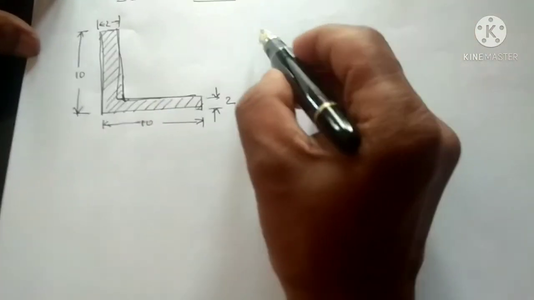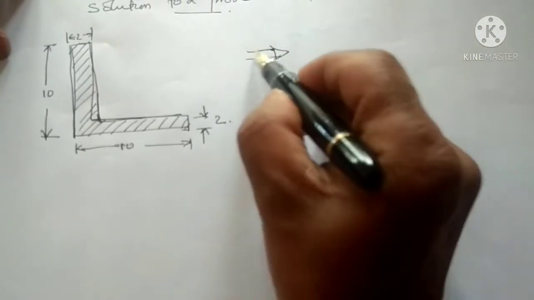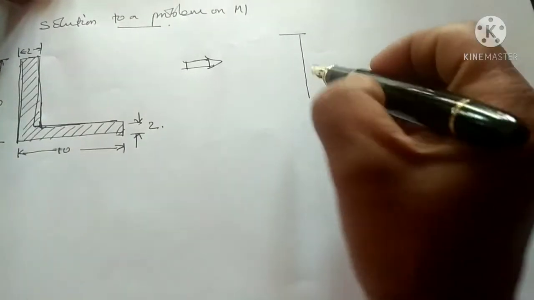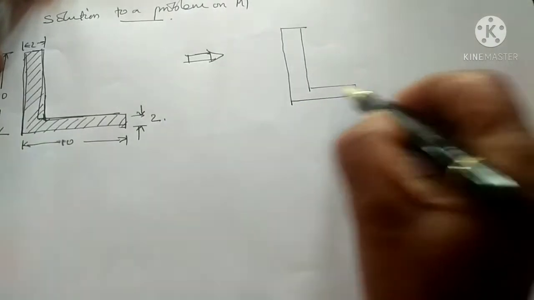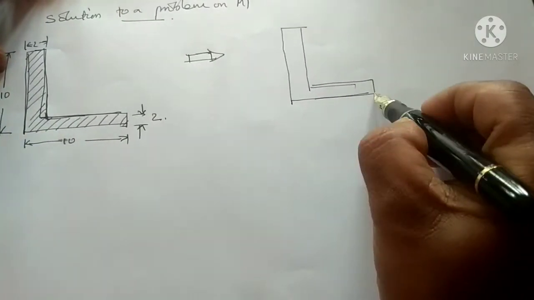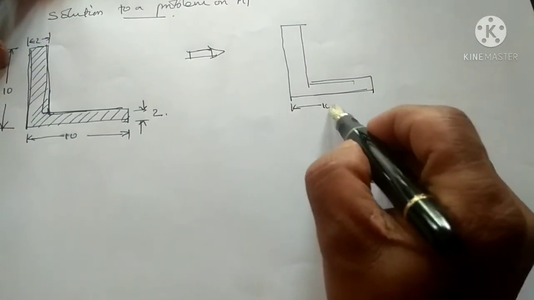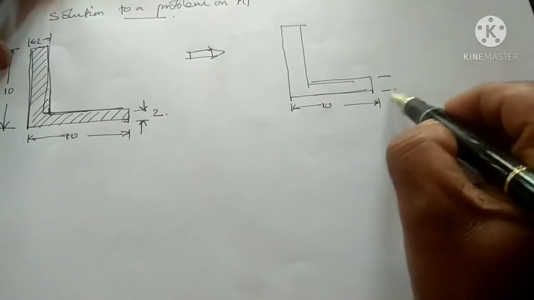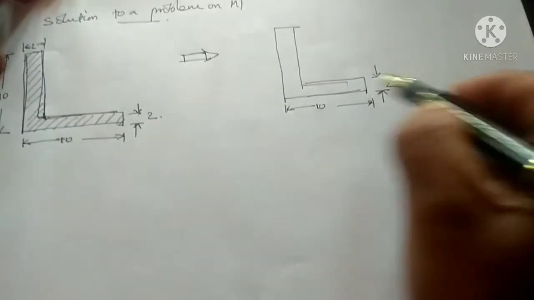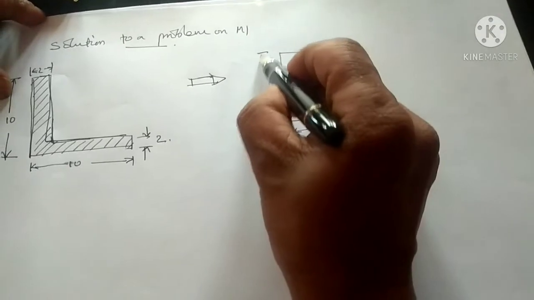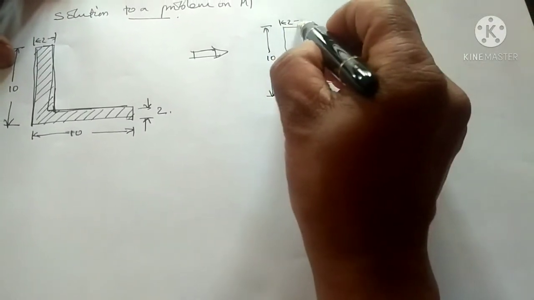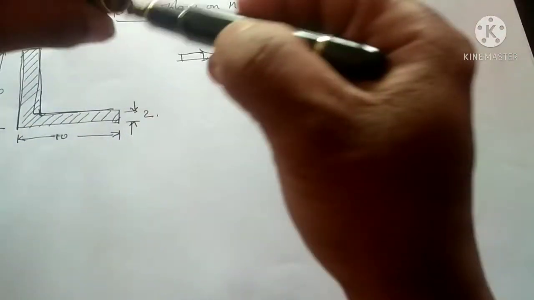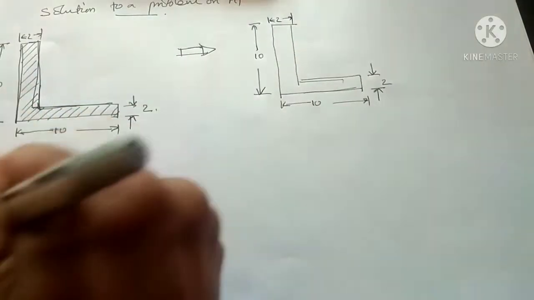And first of all we have to fix the reference axis. So for that purpose I am drawing this picture once again. So this is 10, this is 2, this is 2 and this is 10 and this is 2, and we can fix a reference axis.